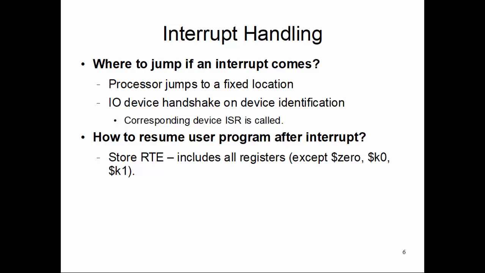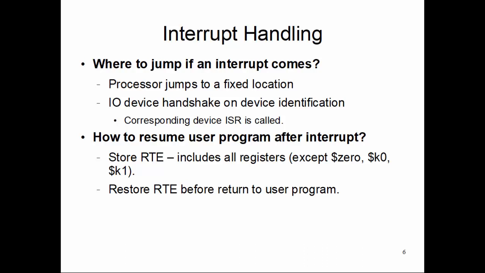So at the entry point of the ISR, or before the ISR is called, all these registers are saved except 0, K0, K1, because 0 is constant, and K0, K1 are to be used by the operating system kernel, so it is usual that they will just get changed.